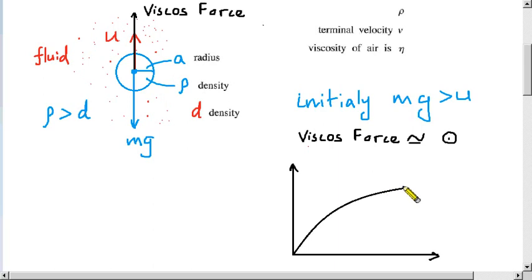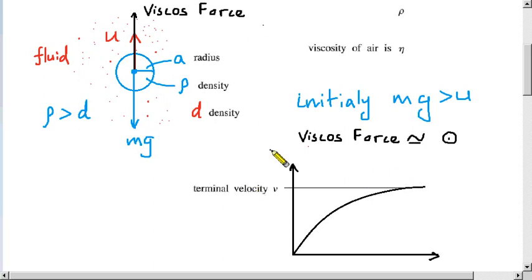So a sort of graph you get like this. This velocity is called terminal velocity, the maximum velocity.